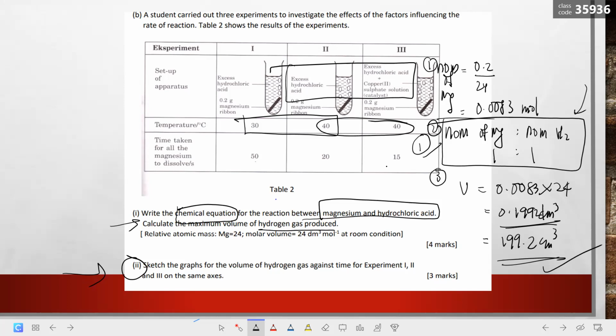Take note of the time taken also, to dissolve. 15, 20, 50.